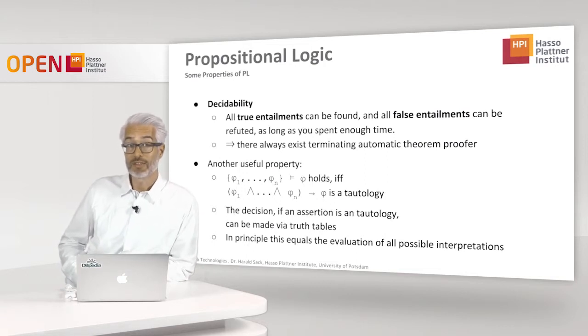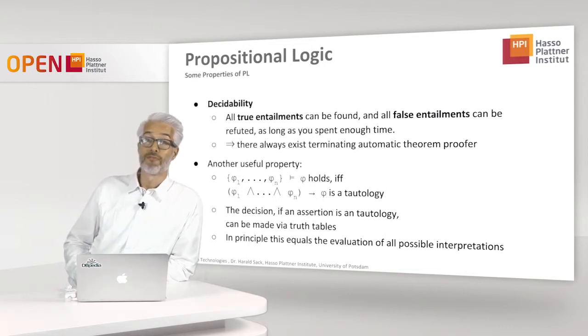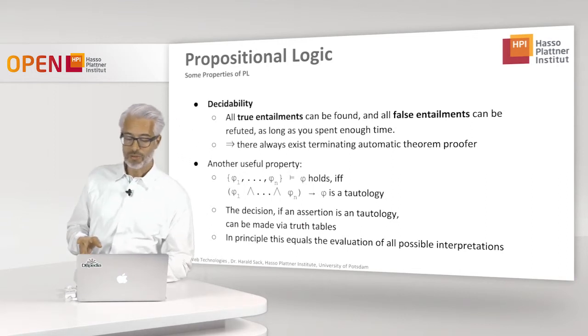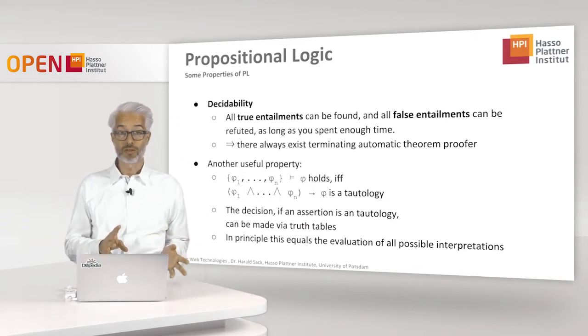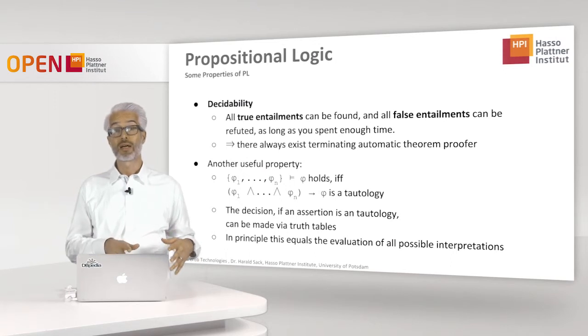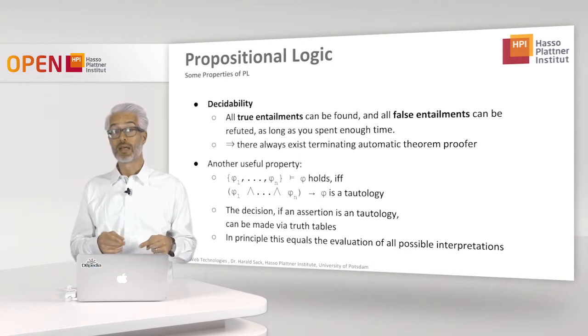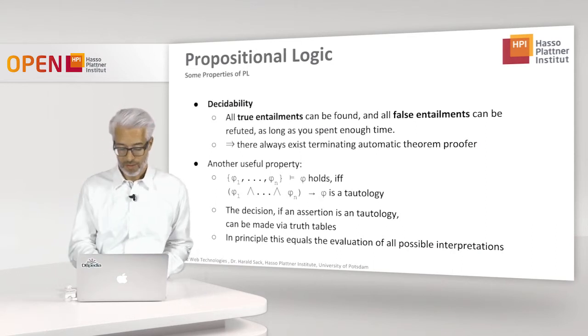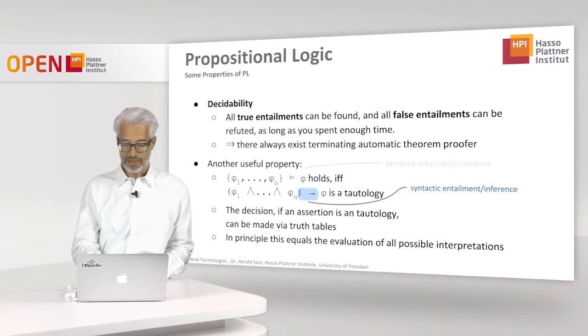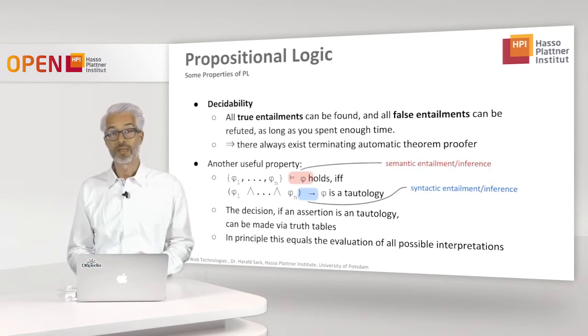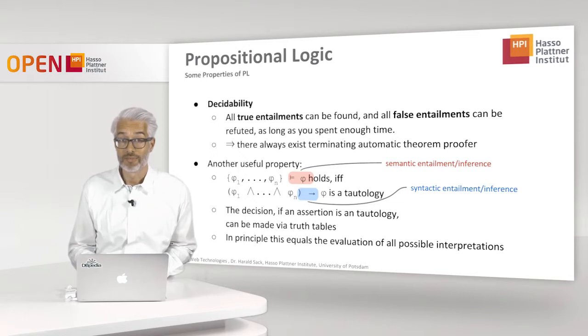This holds exactly if phi sub 1 conjunctively connected with phi sub 2 and so on until phi sub n implies phi is a tautology. So the semantic entailment of phi only holds if the corresponding implication is a tautology.